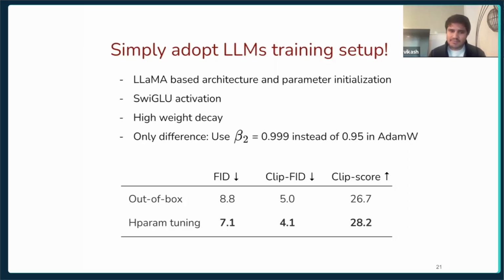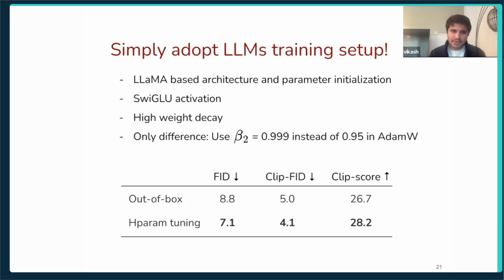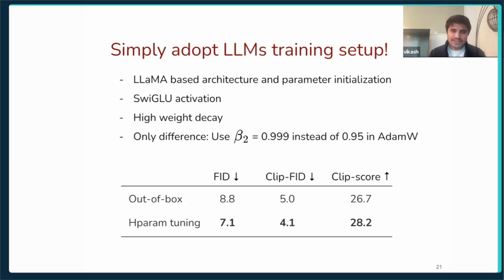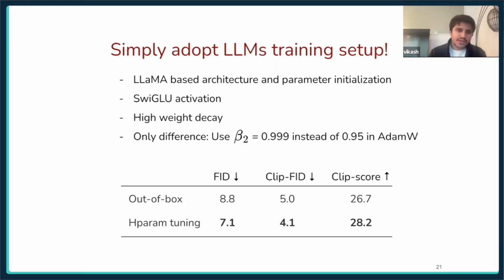Effectively, we ablated design choices, for example, on hyperparameters like learning rate and weight decay. We ablated design choices on architecture such as SwiGLU, the initialization of layers, and the initialization of the last layer, for example, in an individual transformer block.